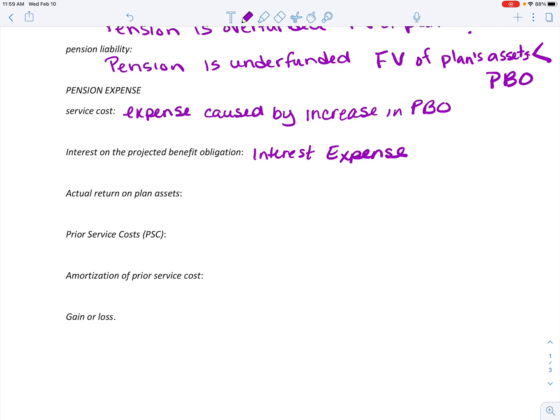And so to calculate this interest expense, you're going to take your settlement rate and multiply that by your projected benefit obligation, and that's going to give you the interest that is based on your projected benefit obligation that you have to pay.